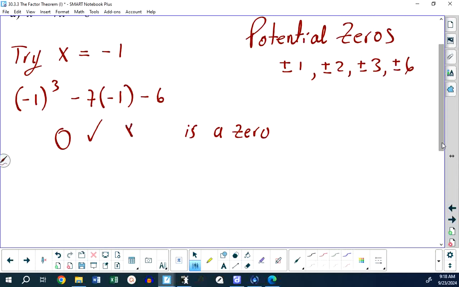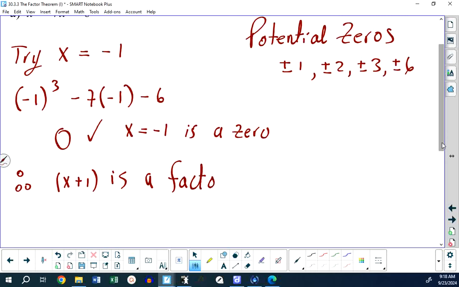Therefore, three dots like that means it follows. Because of that, the following is true: x plus 1 is a factor.